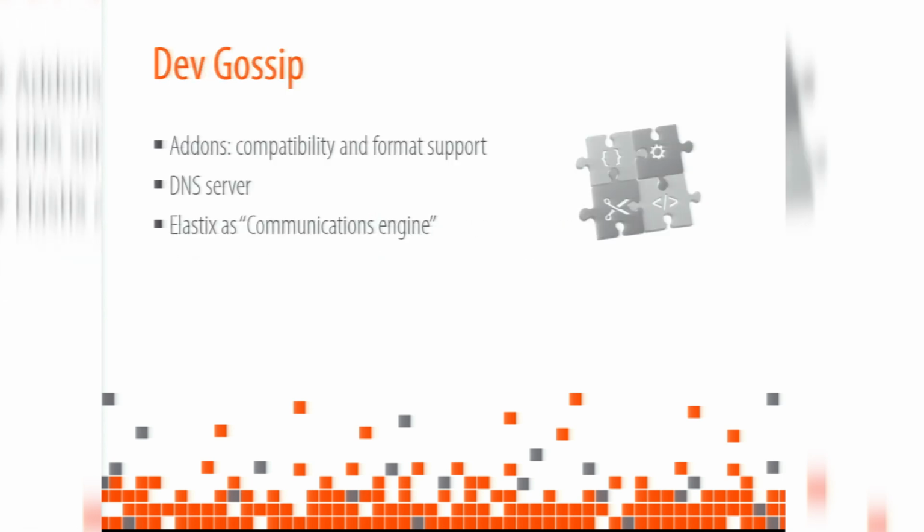Okay, so to finish with this small talk today, a little bit of gossip of what's in the roadmap for Elastix. For the add-ons, add-on support is being worked on, because currently if you have tried the beta or the release candidates, the add-ons are still not supported. For those of you who don't know, an add-on is a third-party application that does not come with the default Elastix installation.